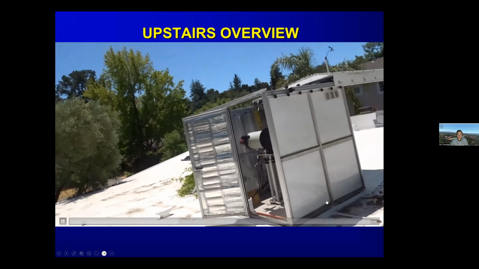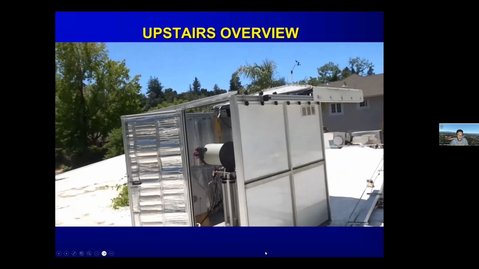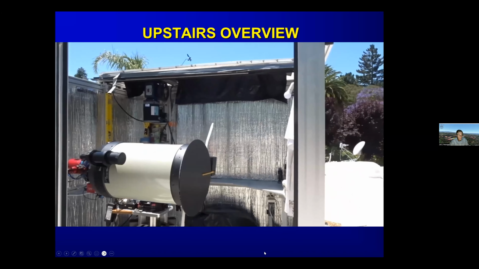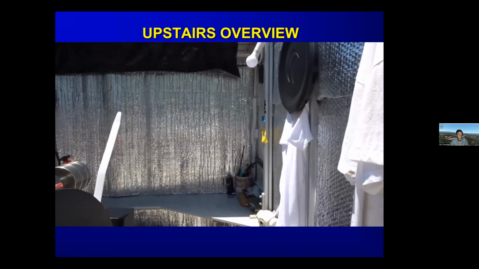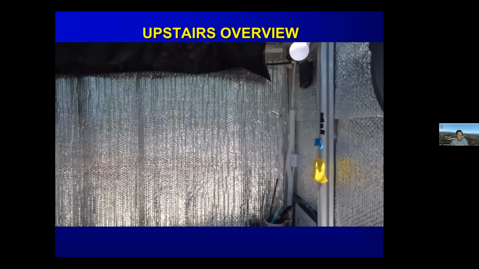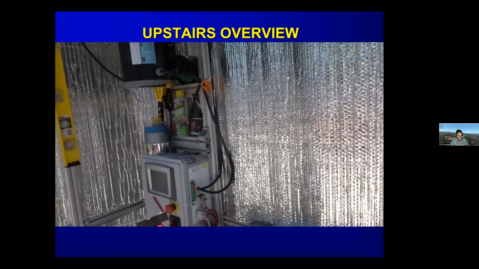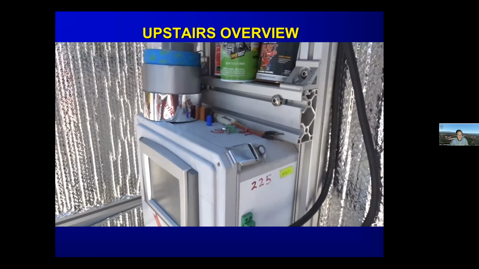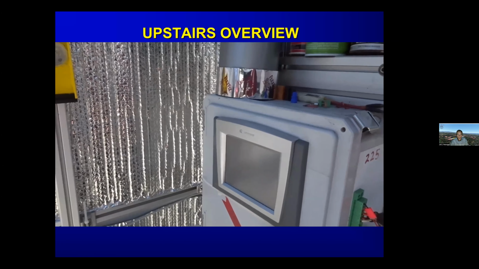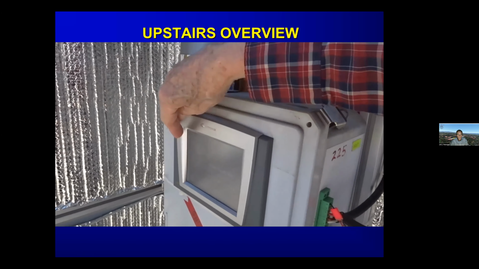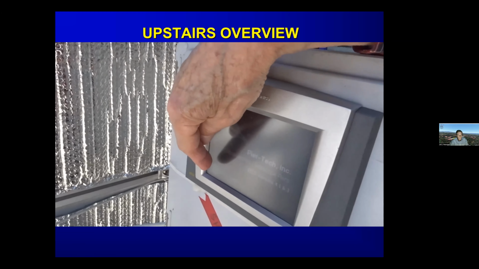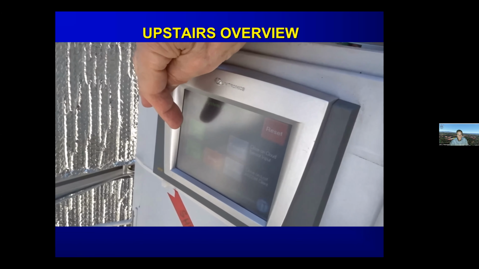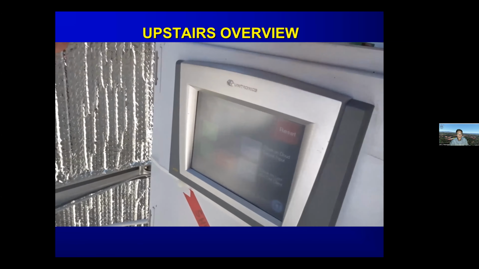And you can see, for the person who was asking me about where the scope is, it's below the roof, right? So when it's up, that's the control panel. That control panel could handle the pier control also, but I just don't trust it.